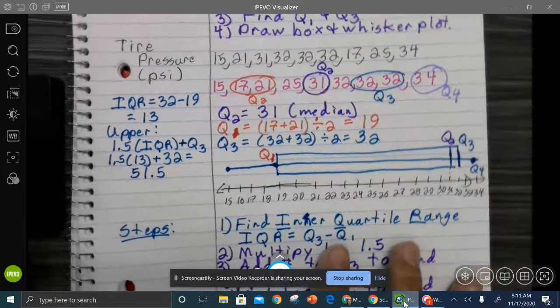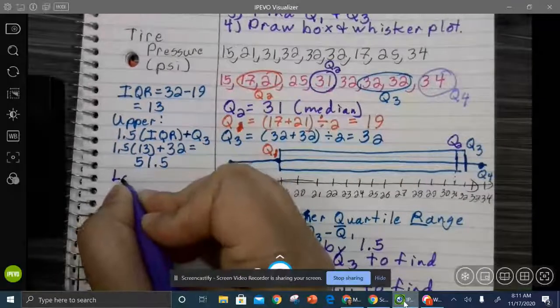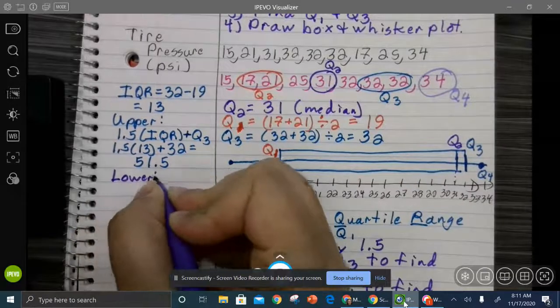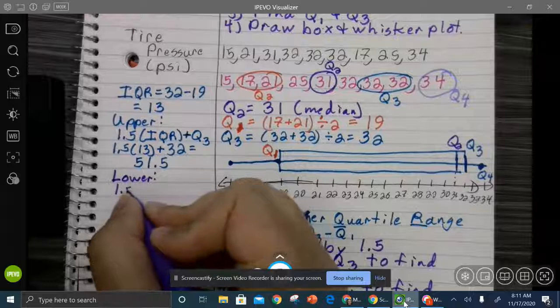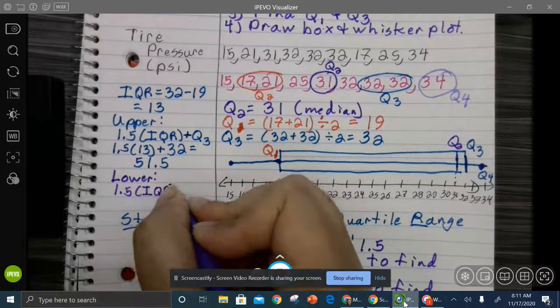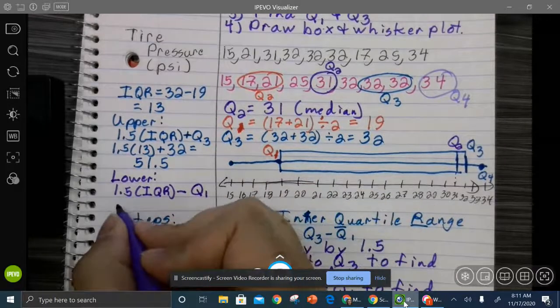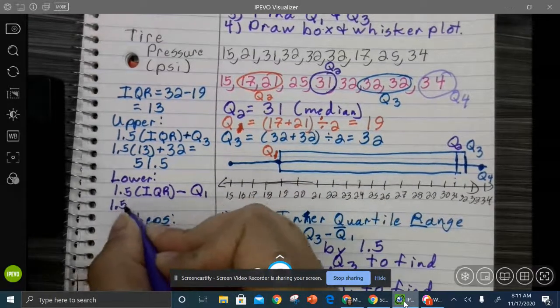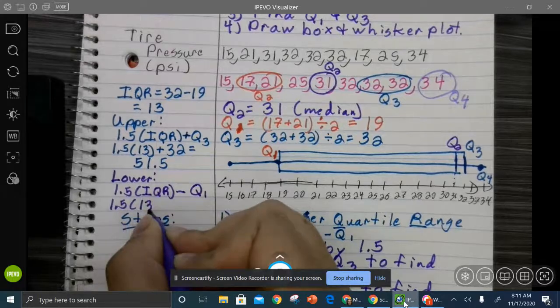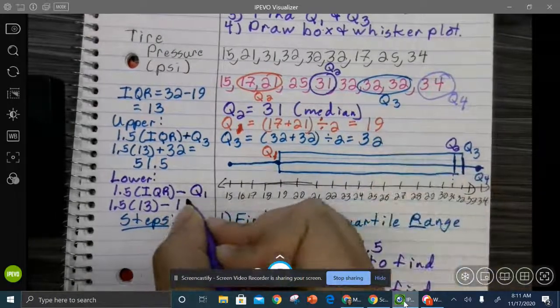They're not fitting in with the rest of the data. Then we do the same thing with the lower boundary: 1.5 times the interquartile range minus quartile 1. So 1.5 times 13 minus quartile 1, which is 19.